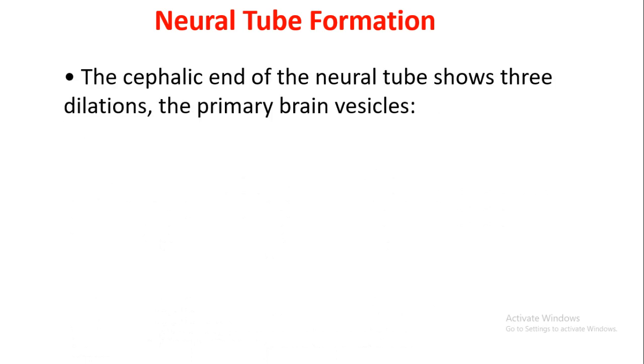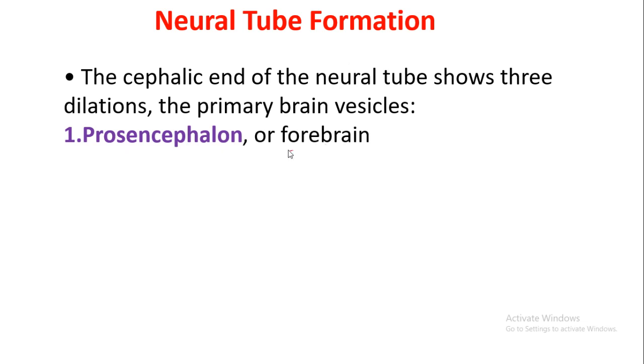We are still on the neural tube formation. You need to understand that the cephalic end of the neural tube shows 3 dilations, the primary brain vesicles. The first one is the prosencephalon, which is also known as the forebrain.